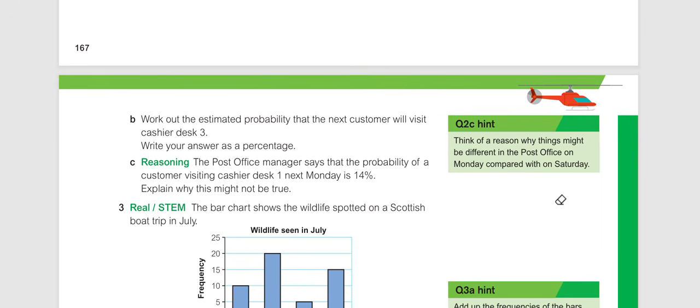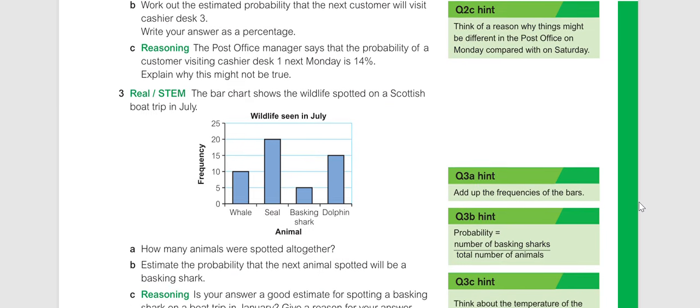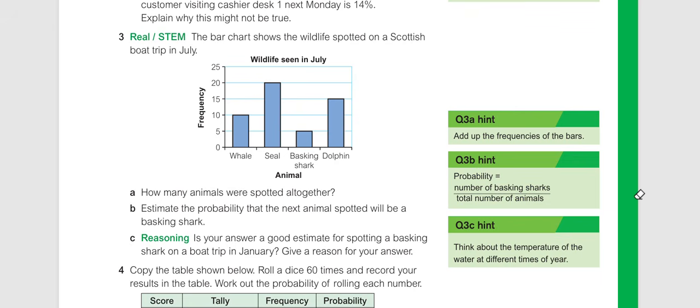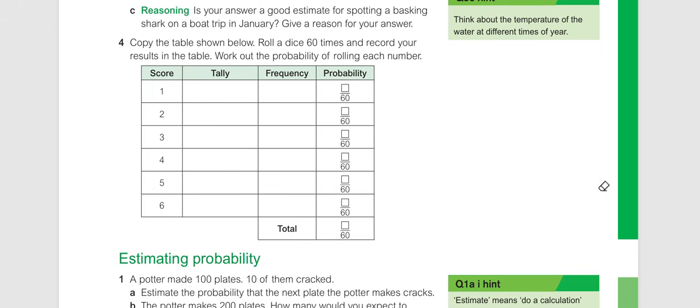Then question 2, there are some other parts, part B and C here. And then question 3, there are some hints given there with some formulas. You can use these to find the answers. Then question 4.